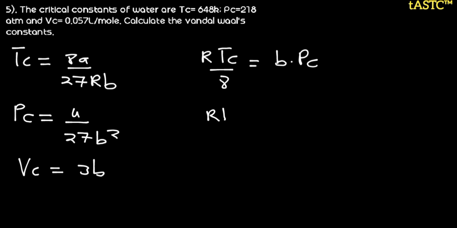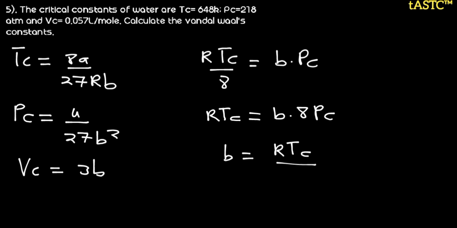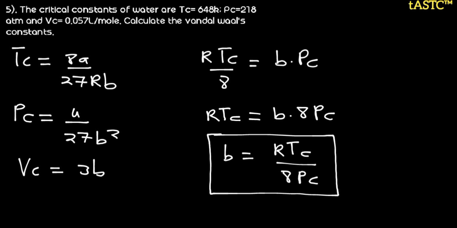We know that RTc is equal to b multiplied by 8 multiplied by Pc. So b is equal to RTc divided by 8Pc. This is a very important equation that we would need later on. Maybe not in this video, but you would actually need it as you continue.